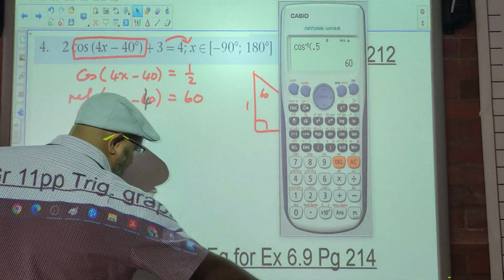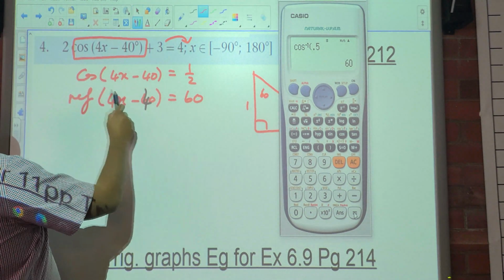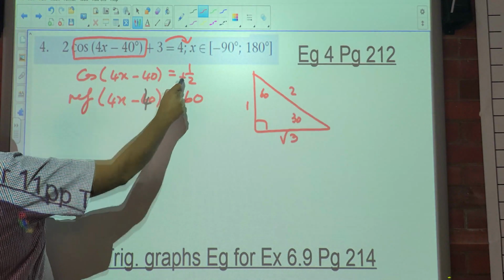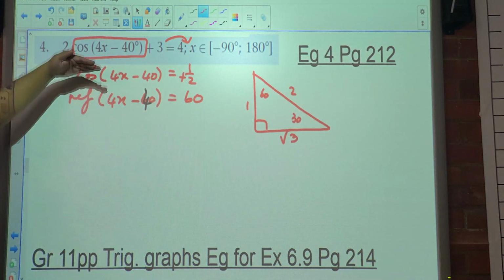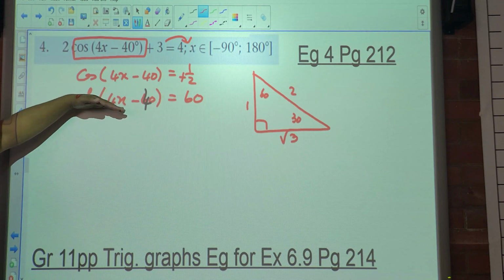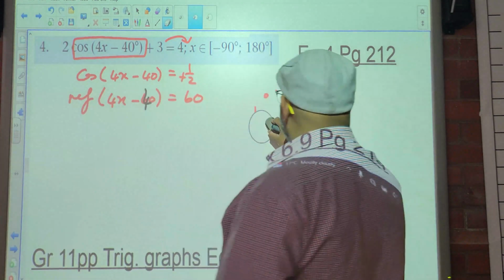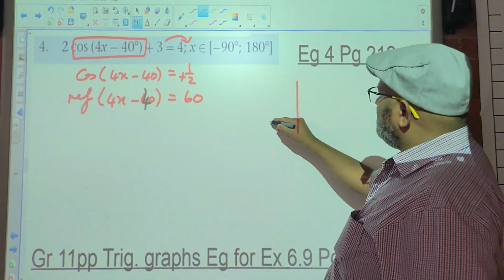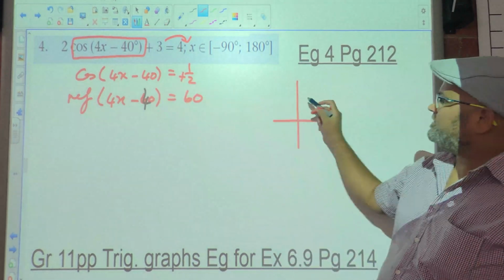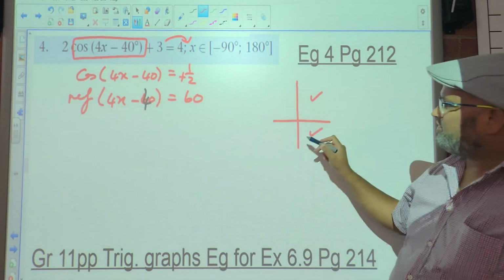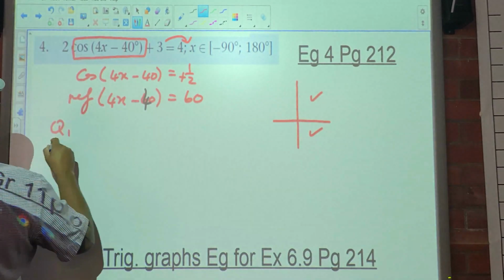So the question you should ask yourself is, in which quadrant is cos positive? We always look at the point just before we took our arc sin, or arc cos in this case. So in which quadrant is cos positive? Quadrant 1 and 4. So let's go with quadrant 1.